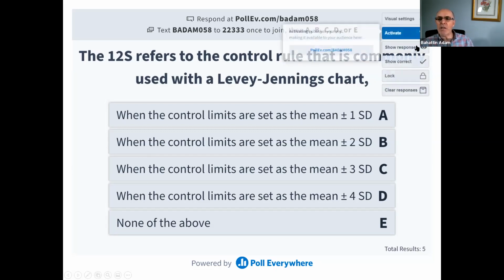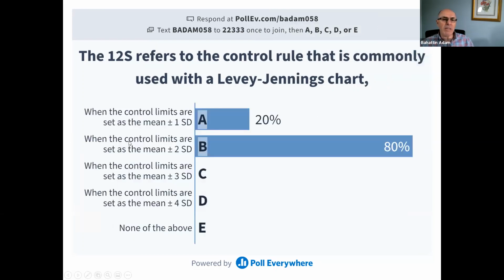Let's see, I am going to show you. When the control limits are set as the mean plus or minus 2 standard deviations, this is referred to as the 1 2S rule of the Levey-Jennings charts.